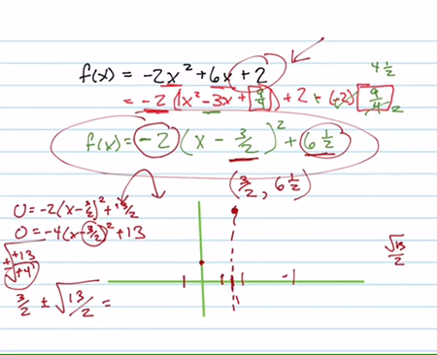Well, root 13 is between root 9 and root 16, so it's between 3 and 4. So this is 3.5 halves basically. So half of 3.5 between. Well, I'm estimating it, but it's going to be over not very far.